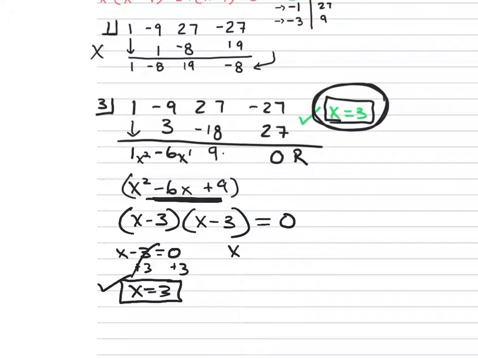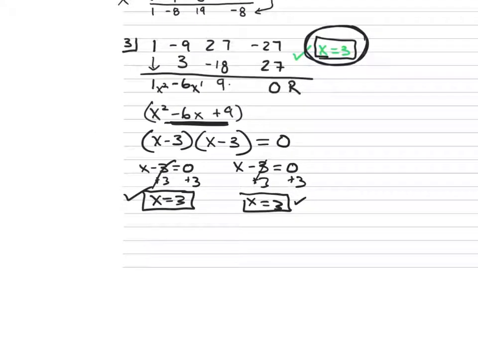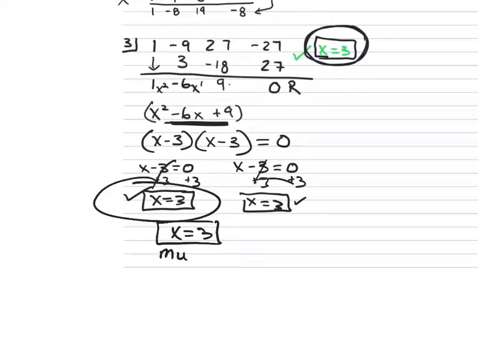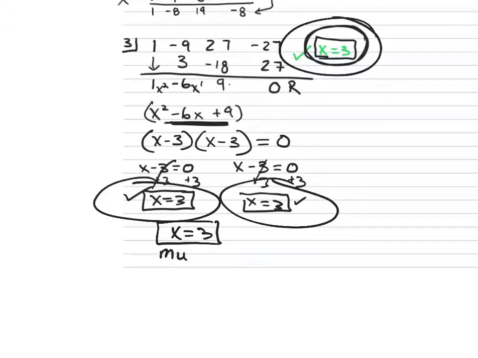And when we do this one, x minus 3 is equal to 0, we're going to add 3 and add 3. And we got x is equal to 3 a third time. What this tells me is that x is equal to 3. That's the only answer. And it has a multiplicity of what? 3. 1, 2, and that first one we found up there. Multiplicity of 3.